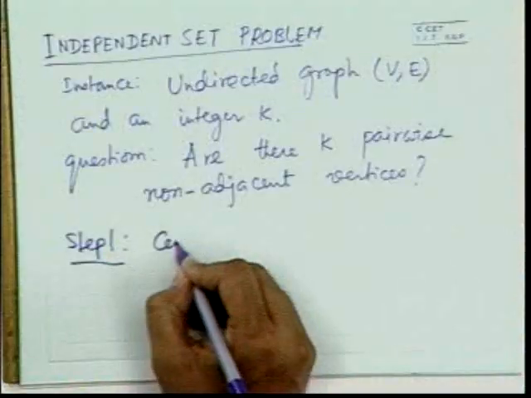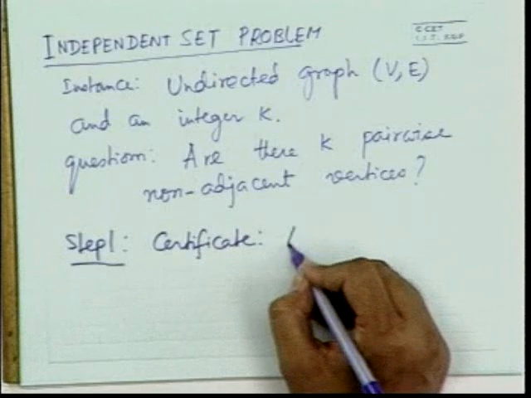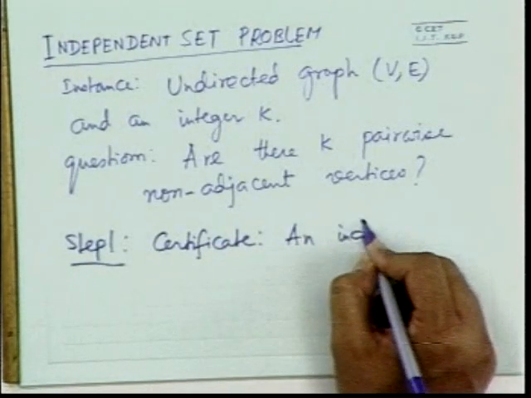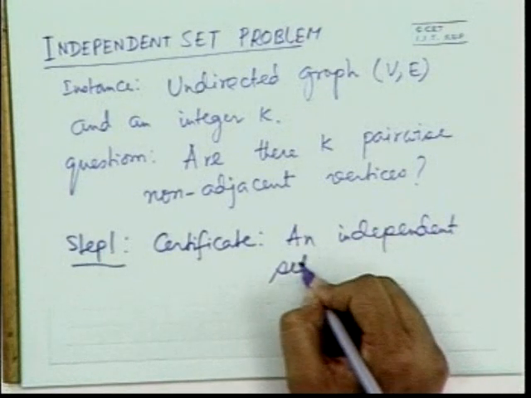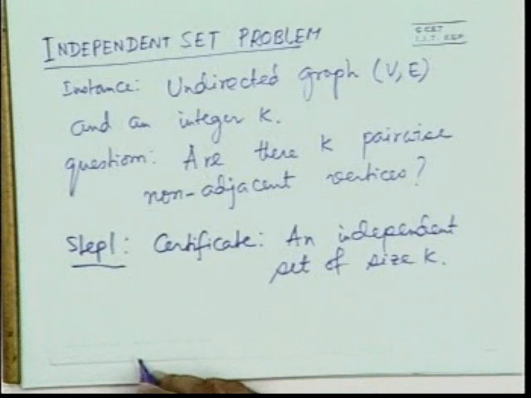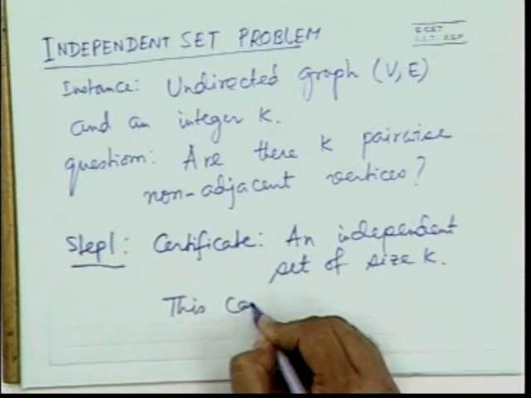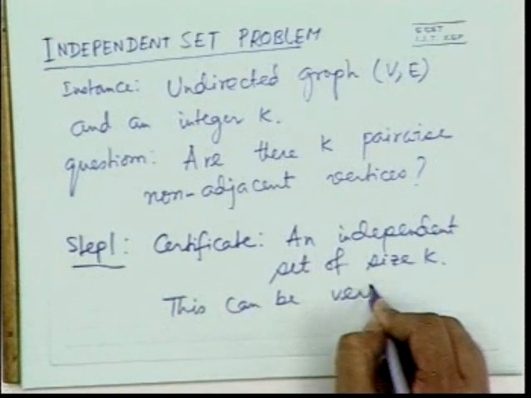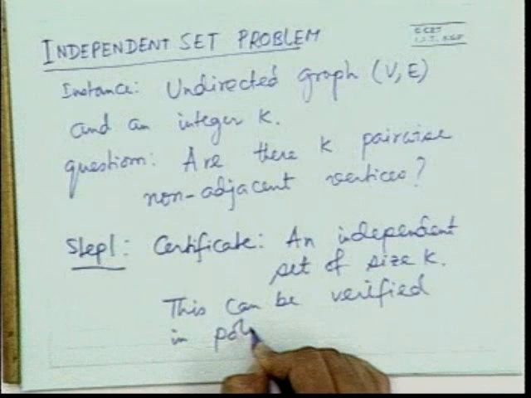So certificate in this case is an independent set of size k. So this is the certificate, and this can be verified in polynomial time.